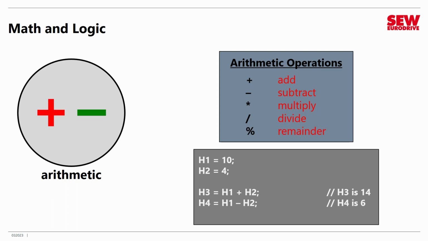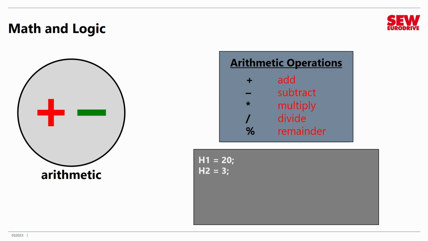If I say H4 equals H1 minus H2, then it's going to be 10 minus 4, and that's 6. Again, no big surprise. But if I say H5 is H2 minus H1, that is 4 minus 10, there will be a minus 6 in H5. That's pretty smooth sailing.